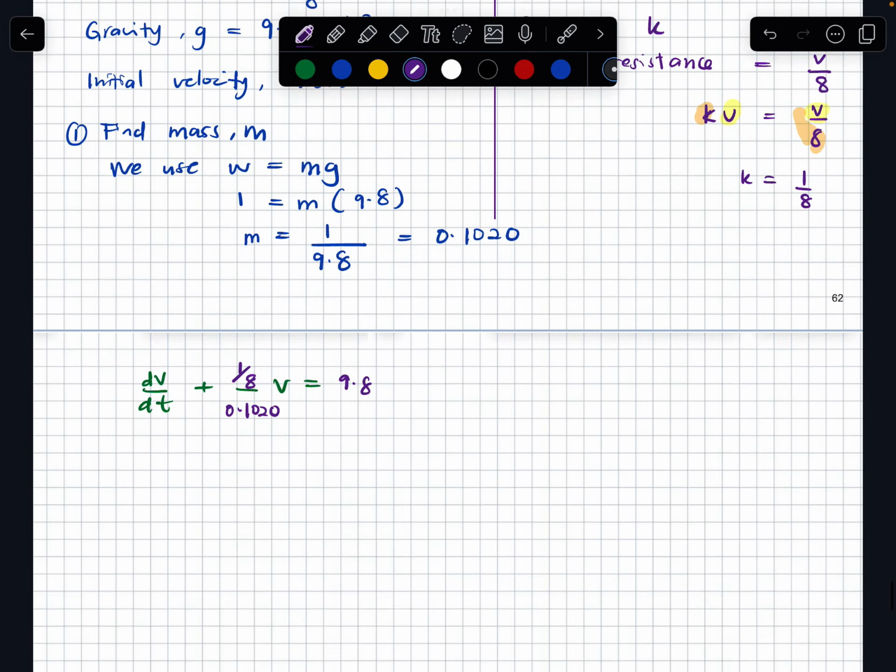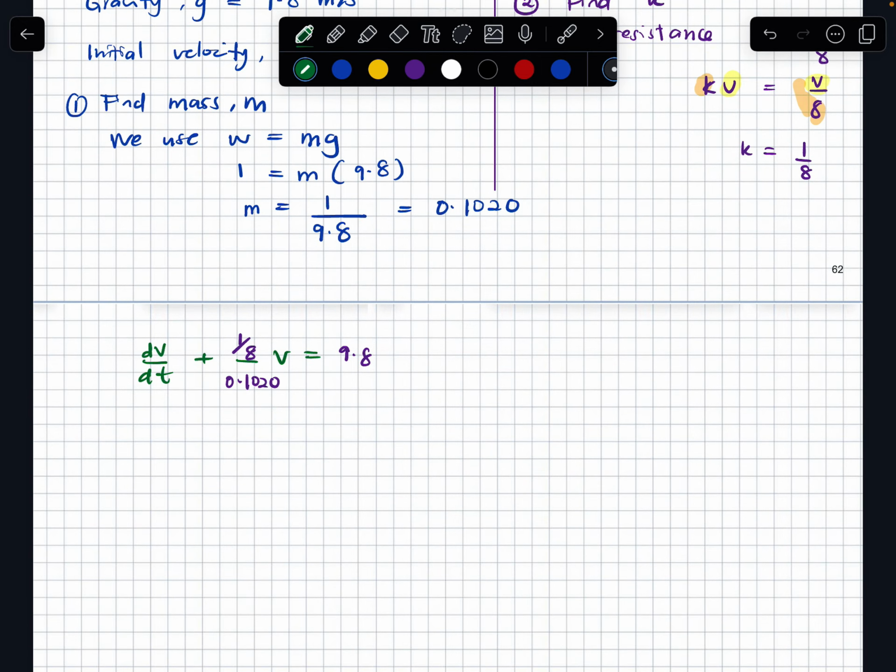Then we simplify this, where we obtain dV/dt plus 1 over 8 divided by 0.1020, which is 1.2255 V equal to 9.8.